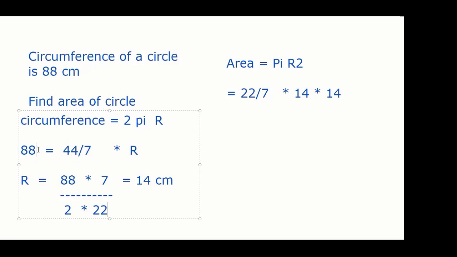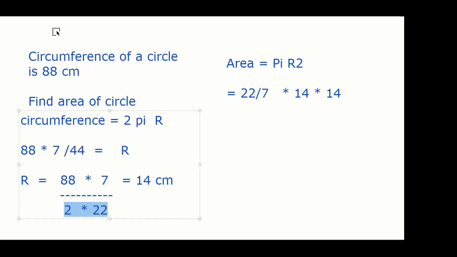So when 7 will go here, will become what? Into 7. This is gone. 44 will go down. Become 44, right? Same thing. 88 into 7 by 44. See, 88 into 7 by 44. So R is 14.